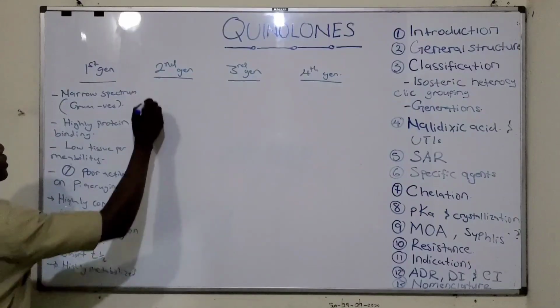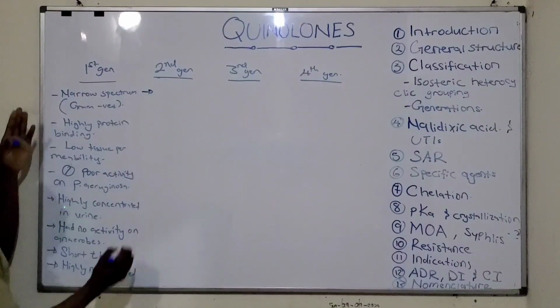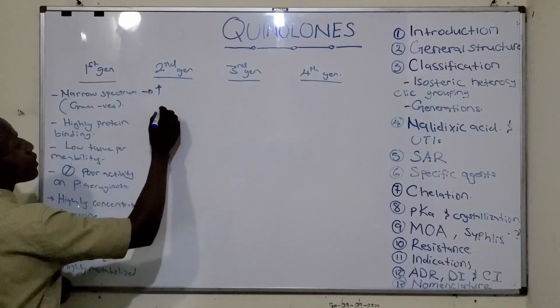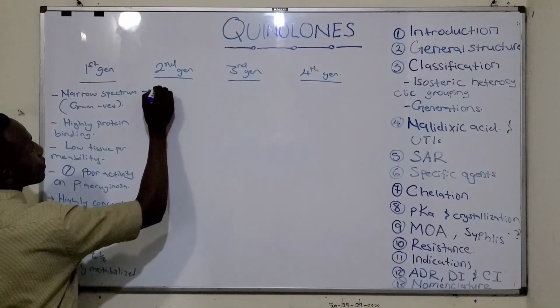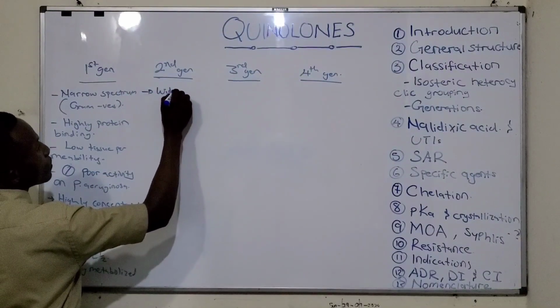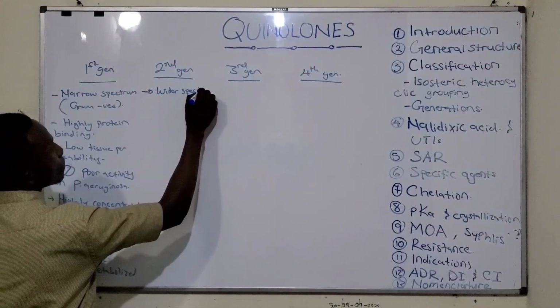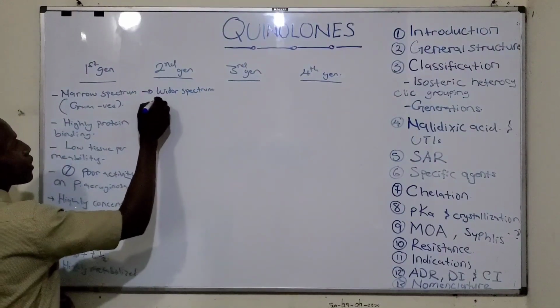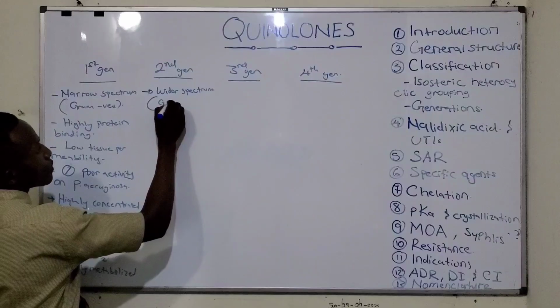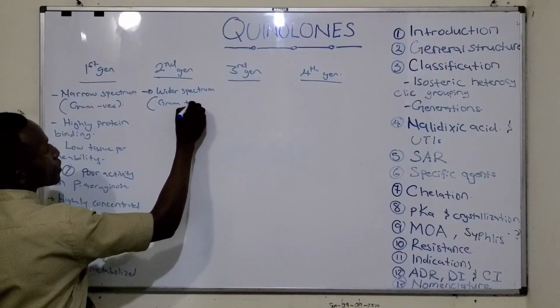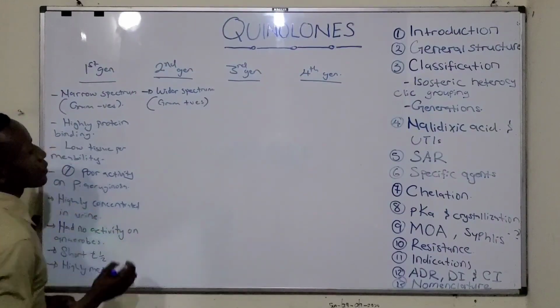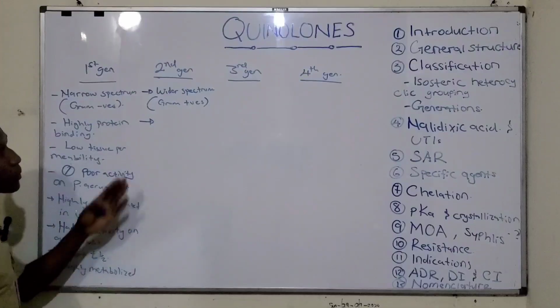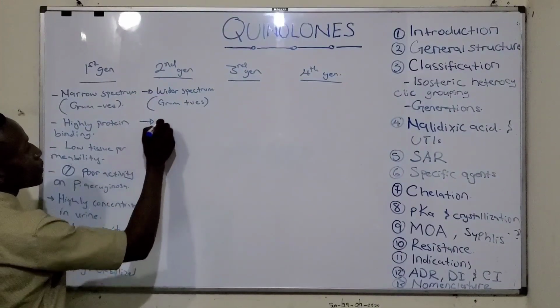In second generation, the spectrum was improved. So they had a wider spectrum. These were also effective on some gram positives. The tissue permeability was improved.